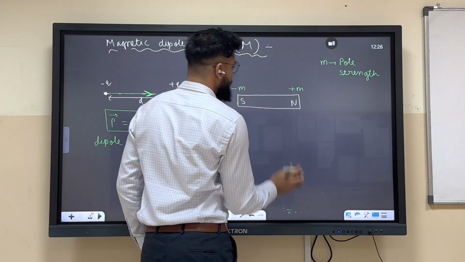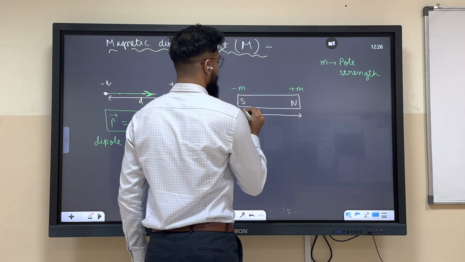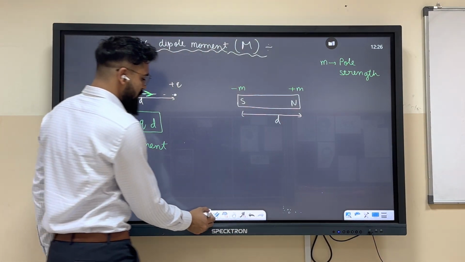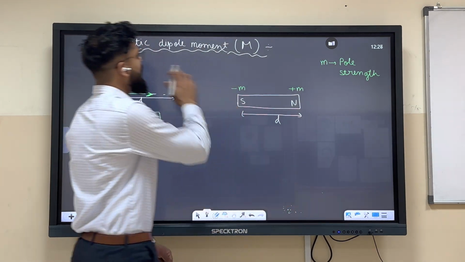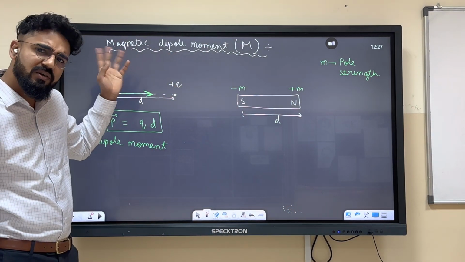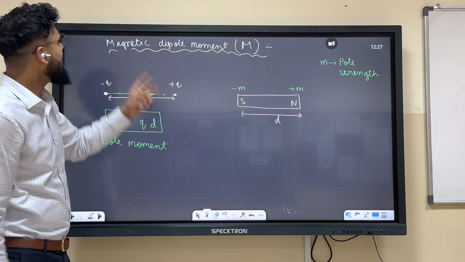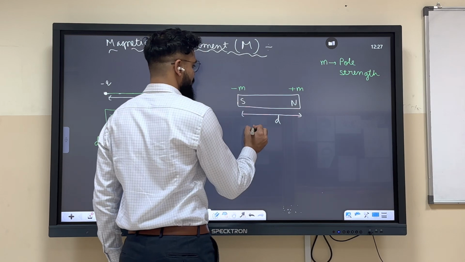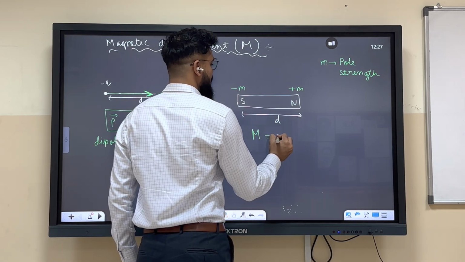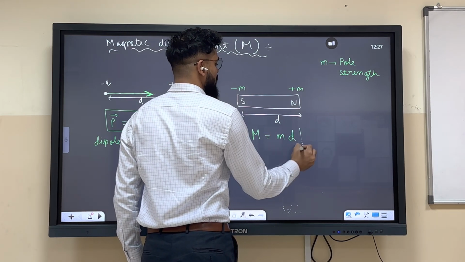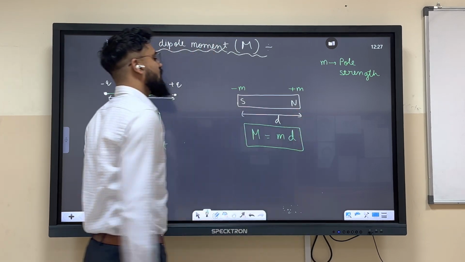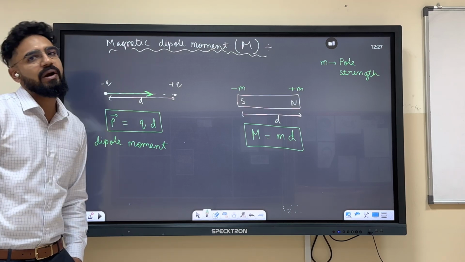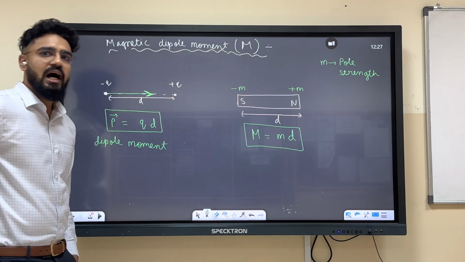If the distance between these two poles is d, we define the magnetic dipole moment, or I will just say magnetic moment, capital M. Capital M will be nothing but small m into d. So the magnetic moment for a bar magnet is defined as pole strength multiplied by the distance at which they are located.